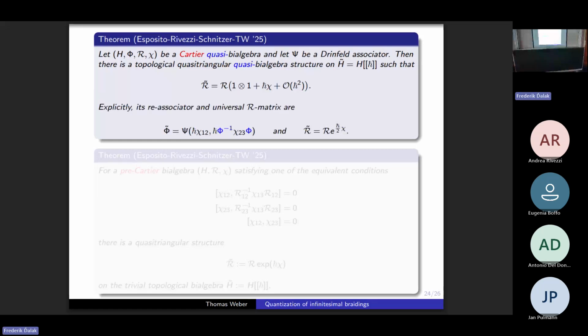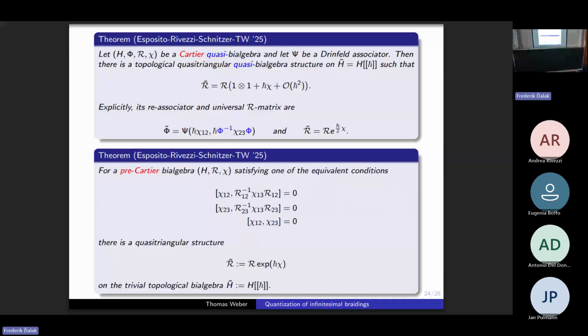And the new associator that you have to use is built out of the Drinfeld associator. So yeah, this is solving the initial question. If you are given R and chi, can I get the R tilde? The answer is yes in this case, and this is how to build the structure.